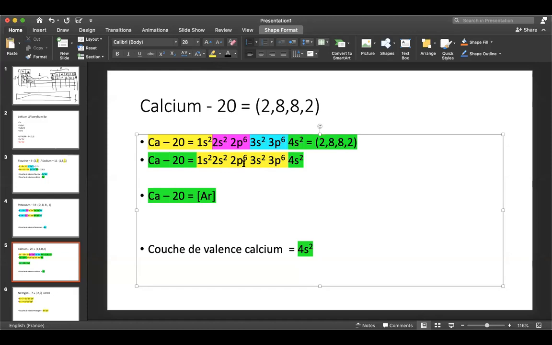It is satisfying the octet rule, the rule that we are supposed to have the maximum number of electrons for the shells. The s occupies 2, the p occupies 6, the s also occupies 2 here, the p occupies 6. It's occupying the maximum number of electrons. Therefore, it has satisfied the octet rule.